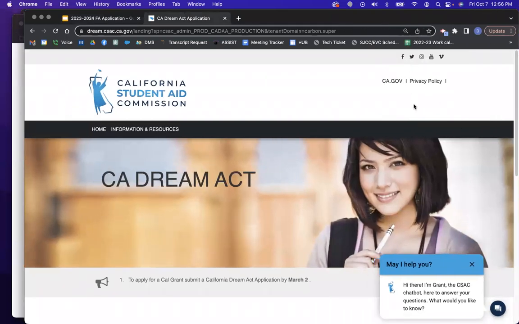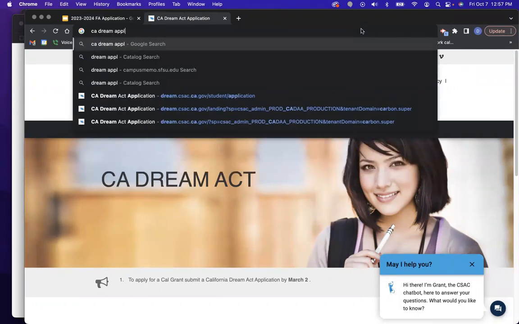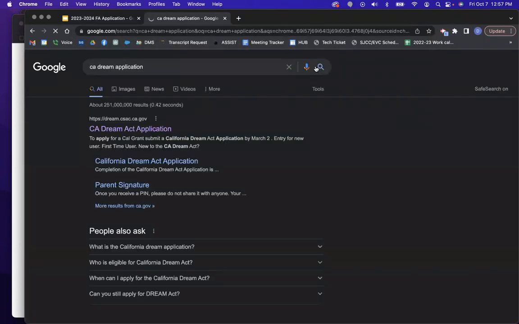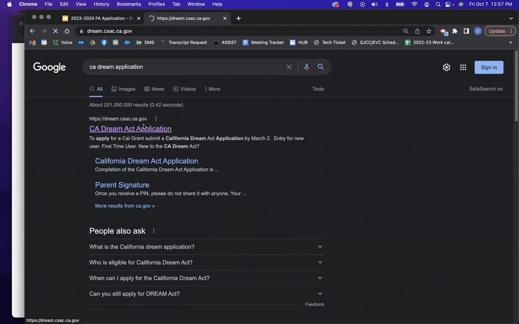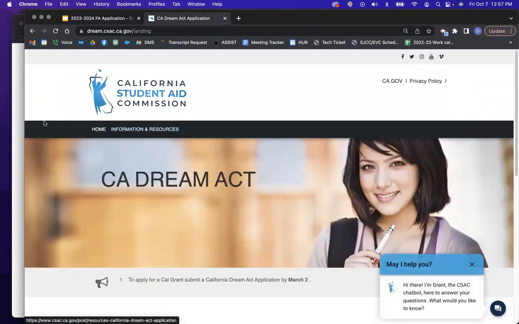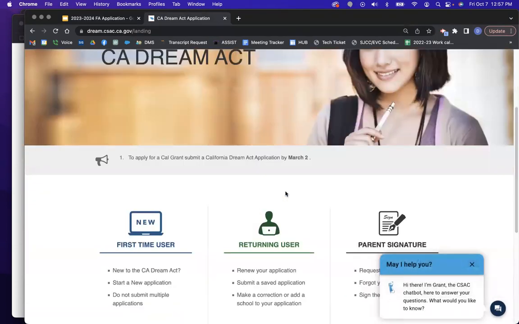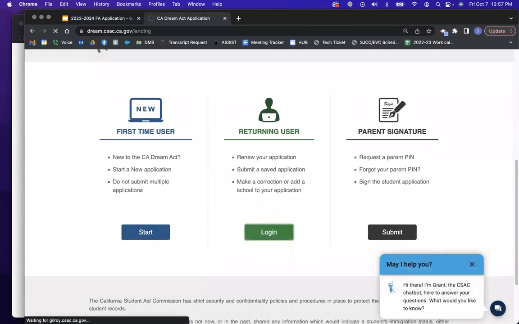Usually what I do is I just type in California Dream, right? Something like this. And then I go to the first one, dream.tsac.gov. And then you're going to log in as a returning user.